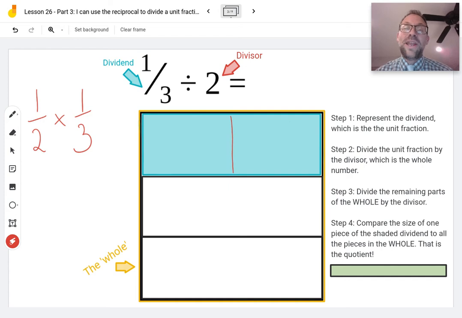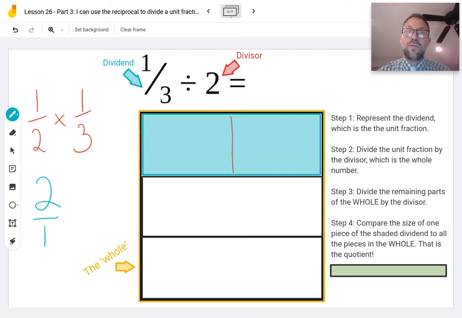Now let's look at 1/2 and how it relates to the number 2. 1/2 is the reciprocal of the number 2. Let's figure out how that works. If we take the number 2 and write it as a fraction, we have to write it over 1.